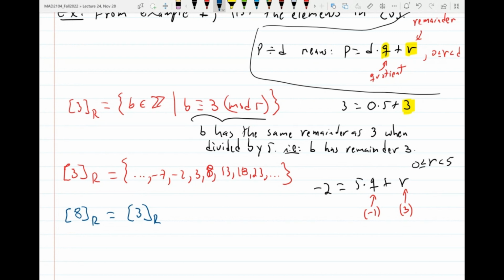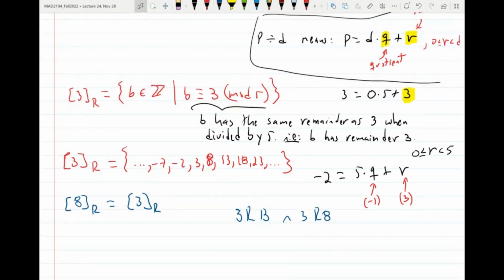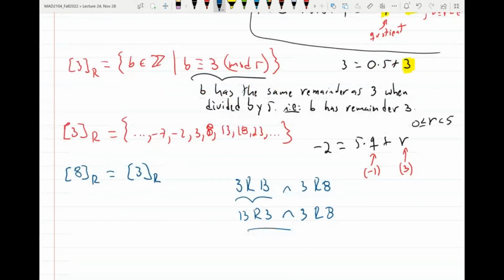So 3 is related to 13, and 3 is related to 8. Now here we can play the following game, because it's symmetric. This is the same thing as saying that 13 is related to 3. And now you can use your transitivity property and say 13 is related to 3, 3 is related to 8, therefore 13 is related to 8.